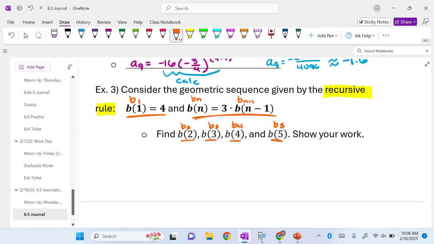So, given that this is a recursive formula, which term do we have to find first? 2, 3, 4, or 5? 2. Why? Why do I absolutely have to find the second term first? If I'm only given the recursive formula, that means I'm using the what?